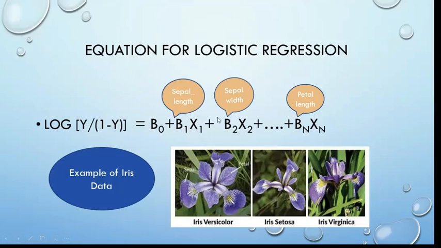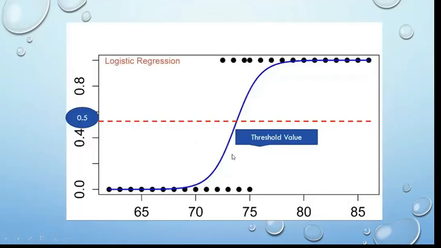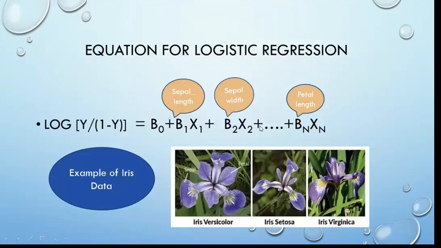When these are converted into probability and a threshold value is fixed by the model, if a certain value falls above it, it will be classified as versicolor. If values fall below, a few classes would be setosa, and between them you can get virginica.